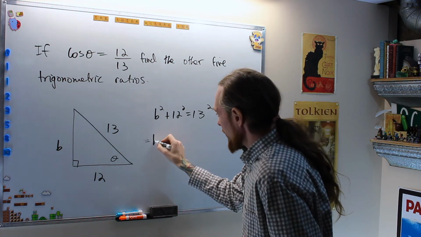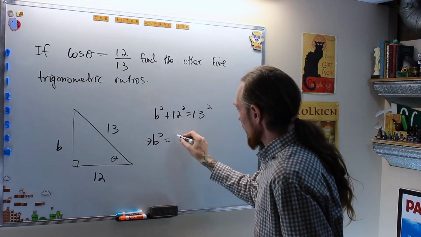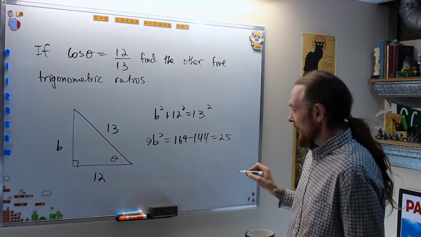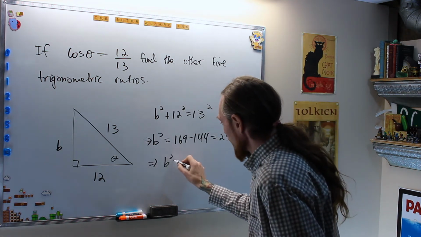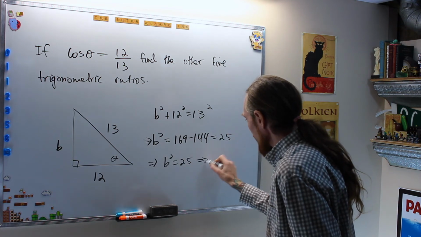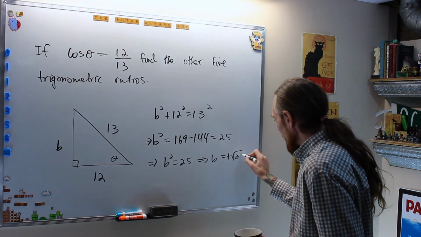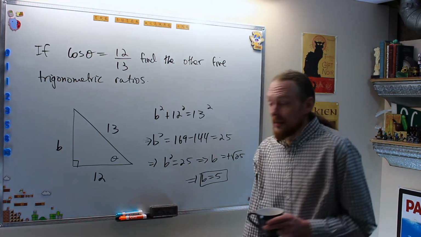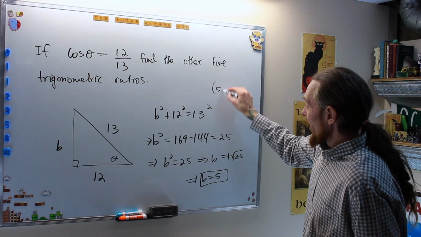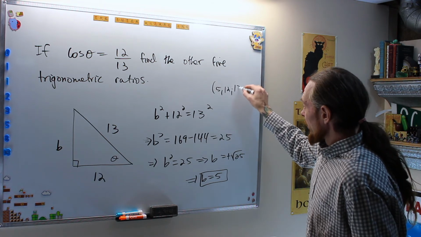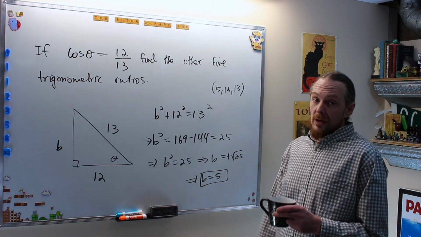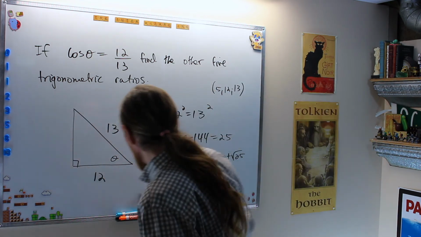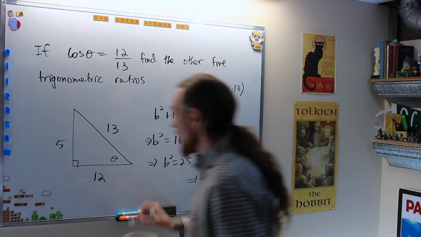So b squared equals 169 minus 144, which is 25, and b is the positive square root of 25. So b is 5. This is the well-known 5, 12, 13 Pythagorean triple. And we have the third side in our right triangle.